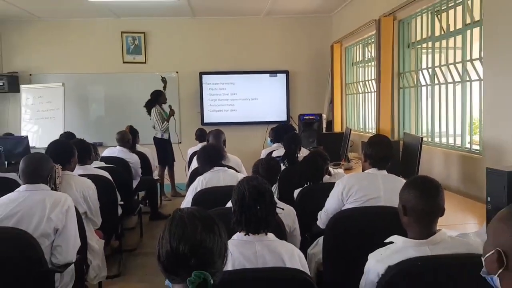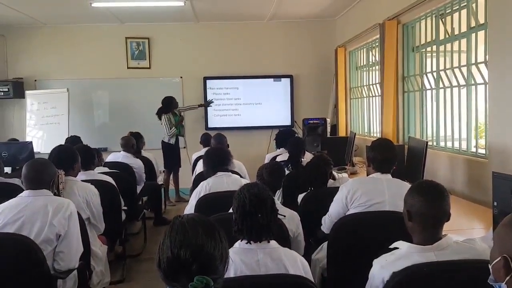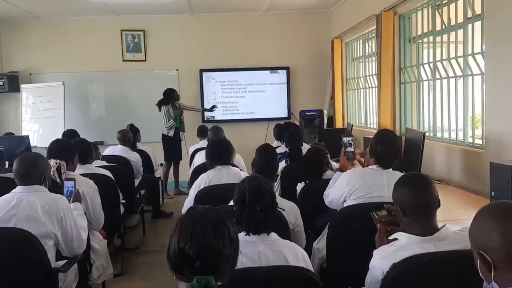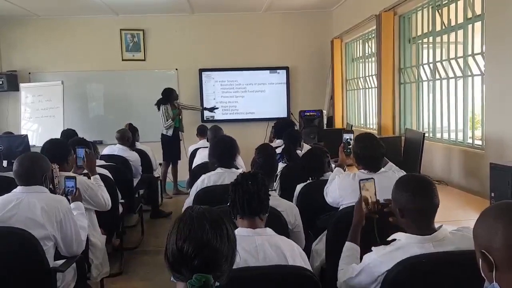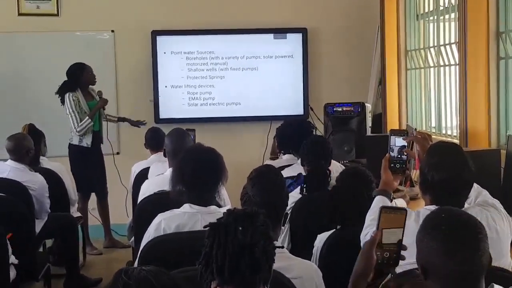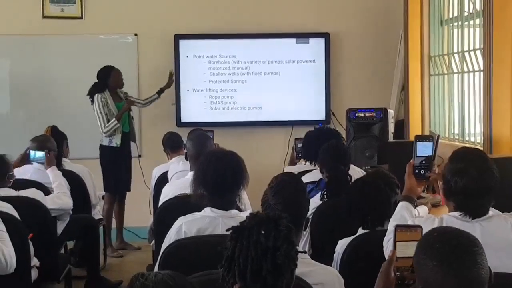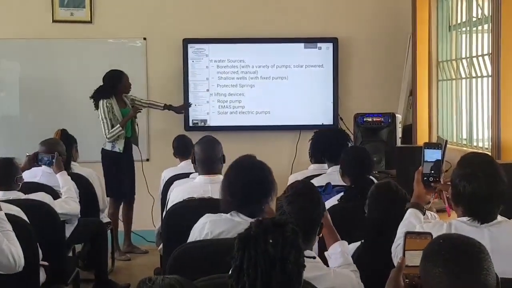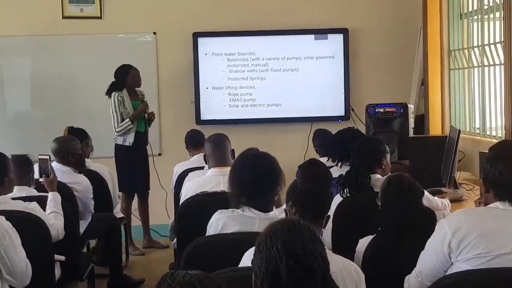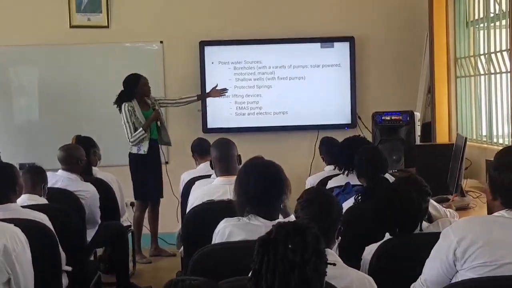We have one on the other side. Then we have boreholes. Most of you know the boreholes, and the way we differentiate them depends on the power used. In the same way, we can have solar powered.